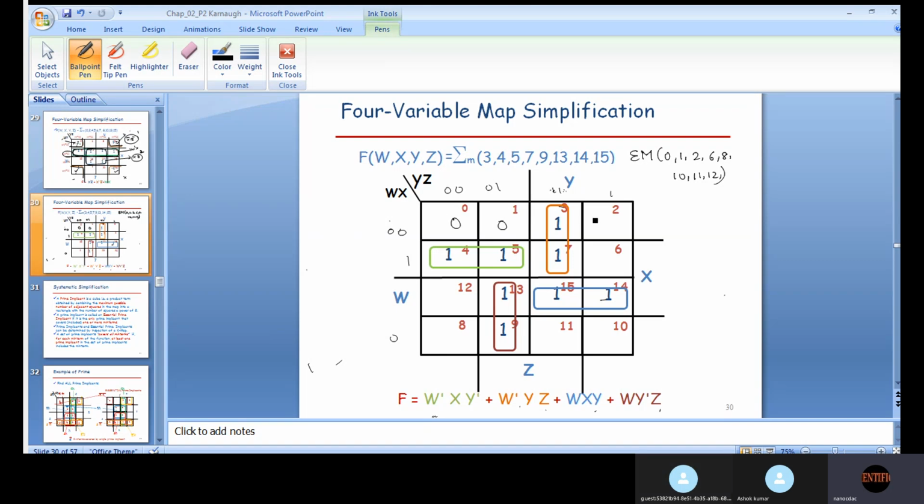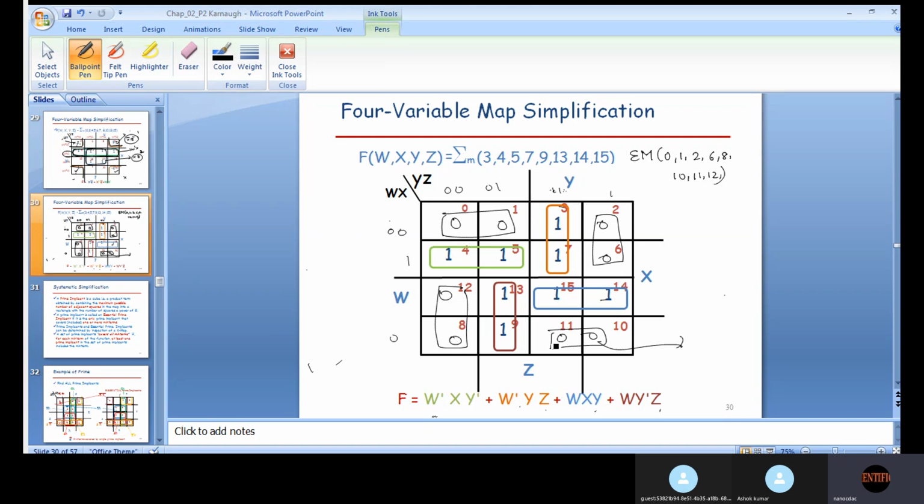You will be putting all these max terms here and grouping all these max terms. This is one group of the max terms, this is one group of the max terms, this is one group of the max terms.